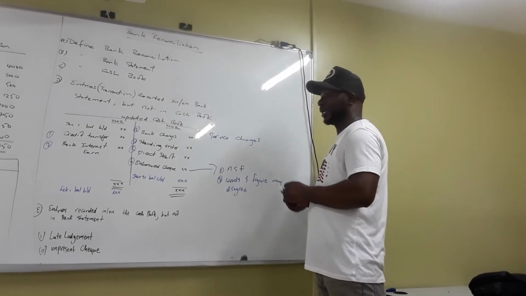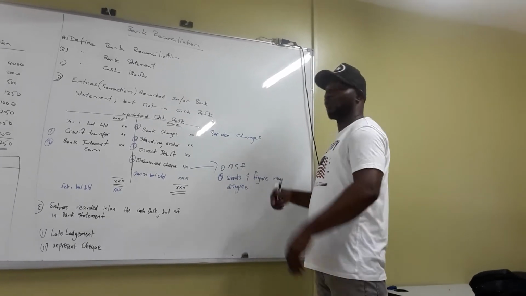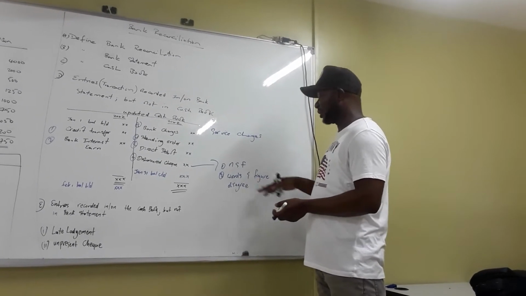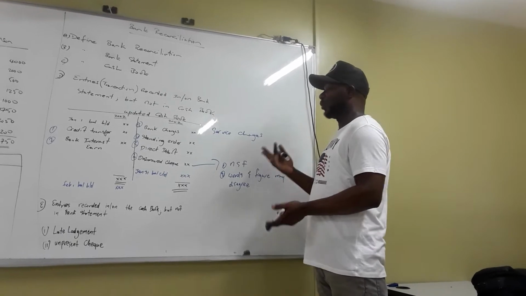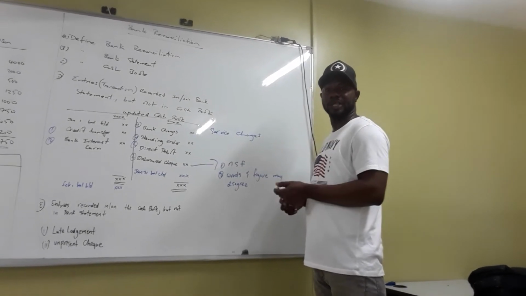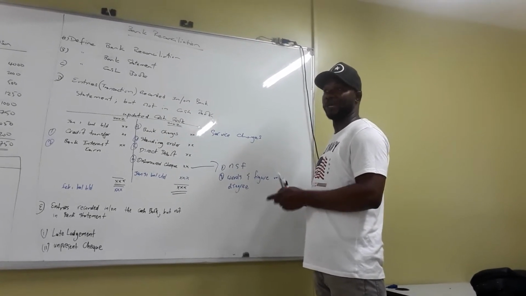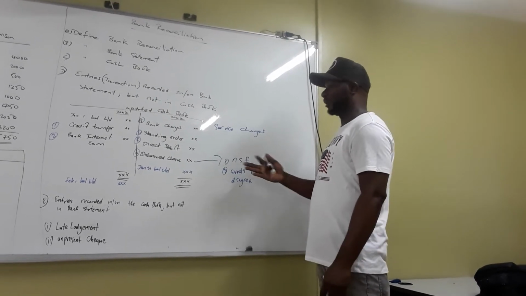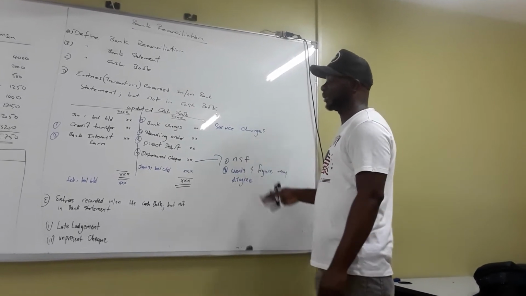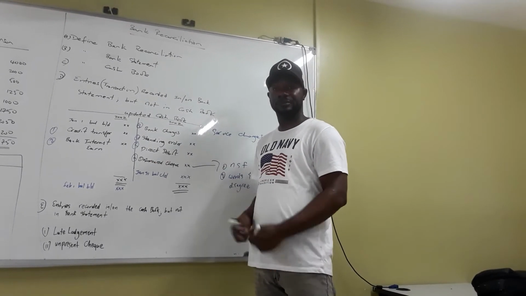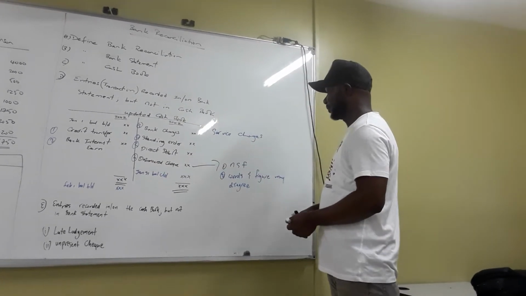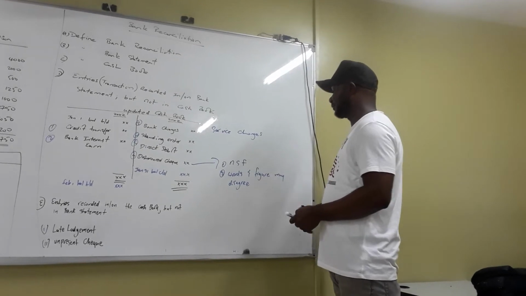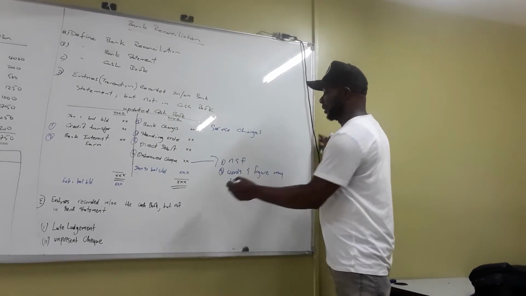So the check is saying in words $100,000, but the figure on the check is saying $10,000. Whenever this happens, the bank will not honor the check because they're not sure what to pay. Should they pay $100,000 or should they pay $10,000? So if that is the circumstance, that check would be dishonored. So not sufficient funds, words and figures disagree.